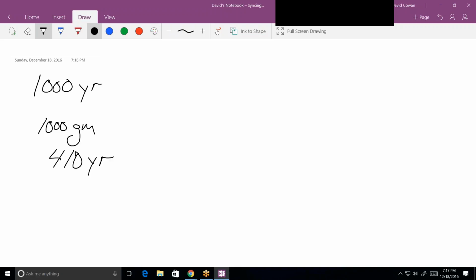General equation is what? P e to the rt. A equals P e to the rt. Okay. There's one thing that's kind of puzzled me on this.